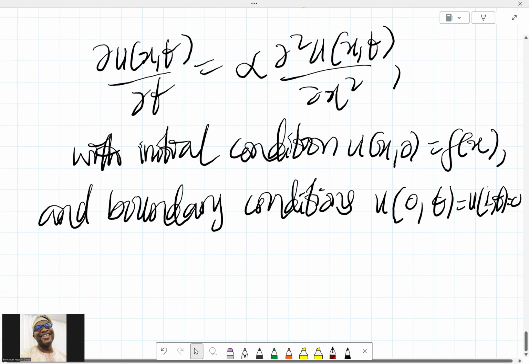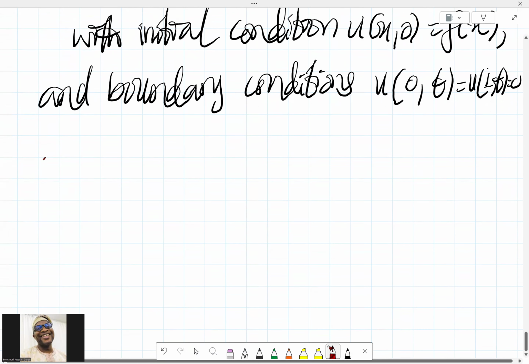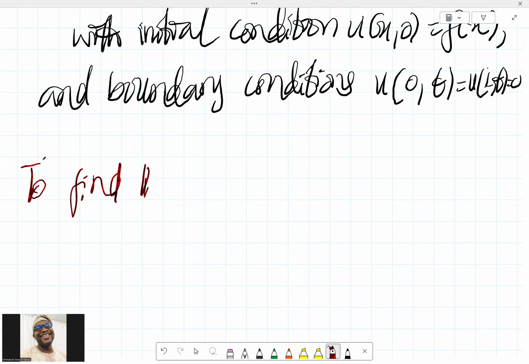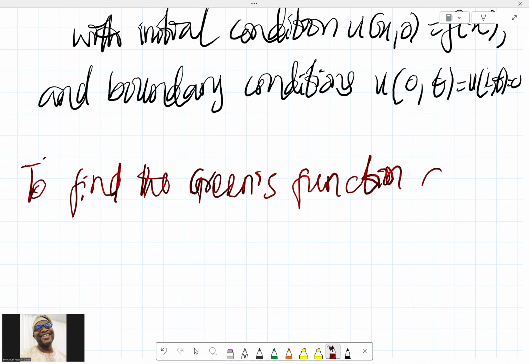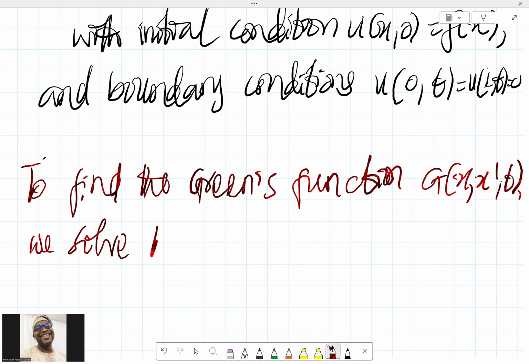So to find the Green's function, g of x, x prime t, because we have this now, we solve the equation.